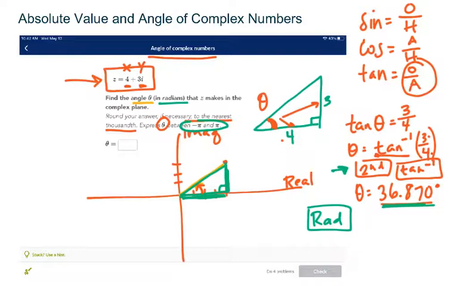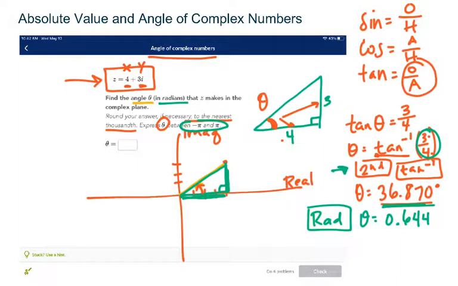So I'm going to click that on mine right now and do my 3 divided by 4 again. And then I'm going to hit my second and my inverse tangent. So when I do it this way in radians now, I find the answer is 0.644 in radians. So that's the same thing in radians.